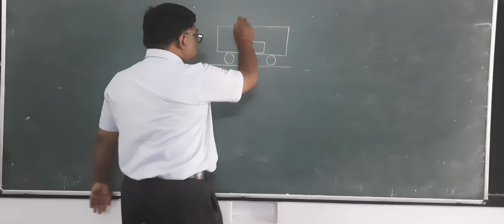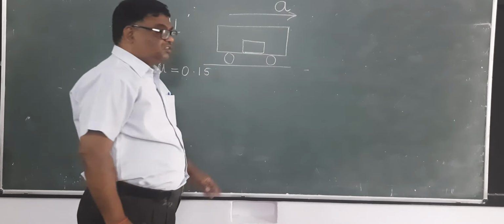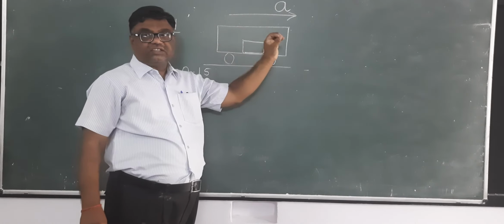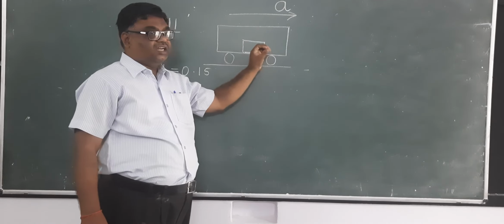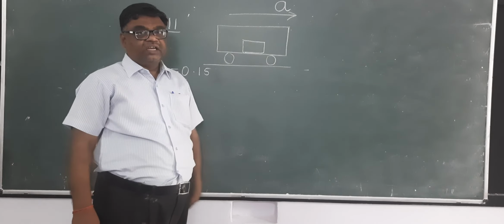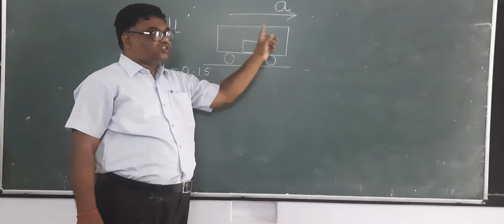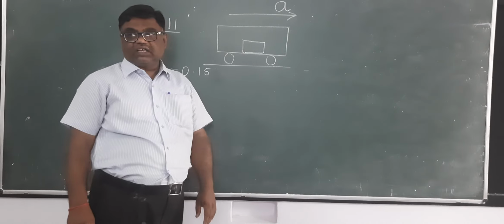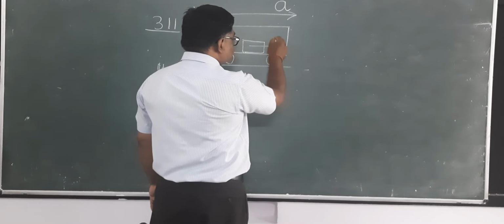Since it is moving, suppose the maximum acceleration is a. Let the maximum acceleration of the train up to which the block placed on the train remains at rest be a. Since the train's acceleration is a, the block is also moving in this direction with what acceleration? a. Means how much force is acting on the block in this direction?